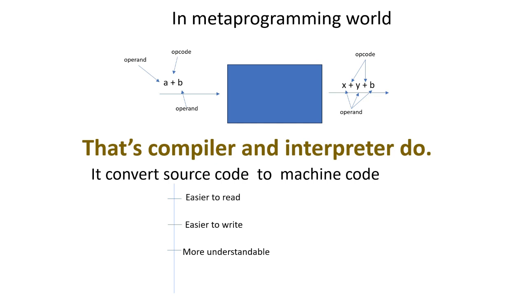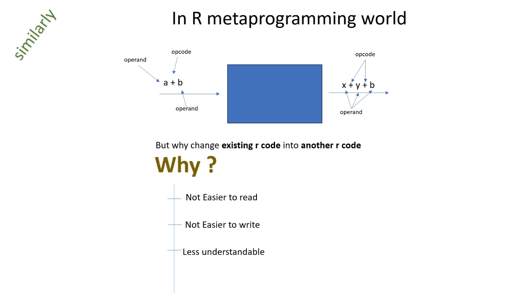Why do we use source code? Because it is easier to read, easier to write, and more understandable. That is the main reason. Similarly, in our metaprogramming world, we convert existing R code into another R code.